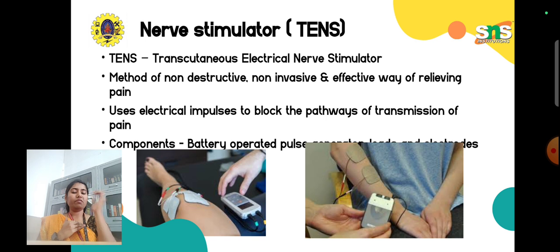See the figure in the picture, where I have given two pictures showing the device and the electrode placement. So you need a battery-operated pulse generator, along with electrodes and leads, to carry the signal through the leads to the electrodes, and then it goes to the nerve.